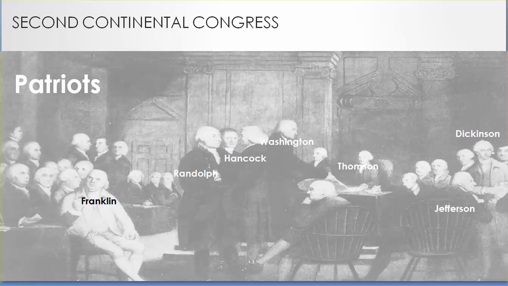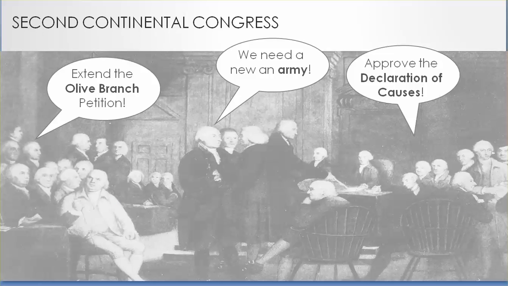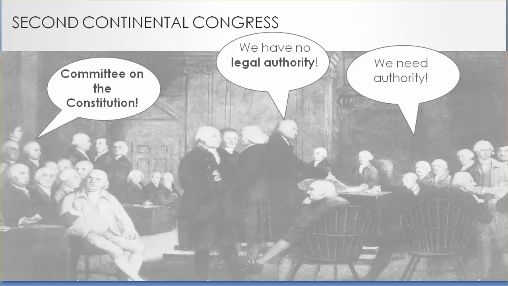We see George Washington standing in his Virginia military uniform, along with other key figures, Edmund Randolph again, presiding over the Congress, along with John Hancock, Benjamin Franklin, and Thomas Jefferson. After reviewing a number of the achievements of the Second Continental Congress, we then go on to talk about their continued quest for having justification for the revolution.